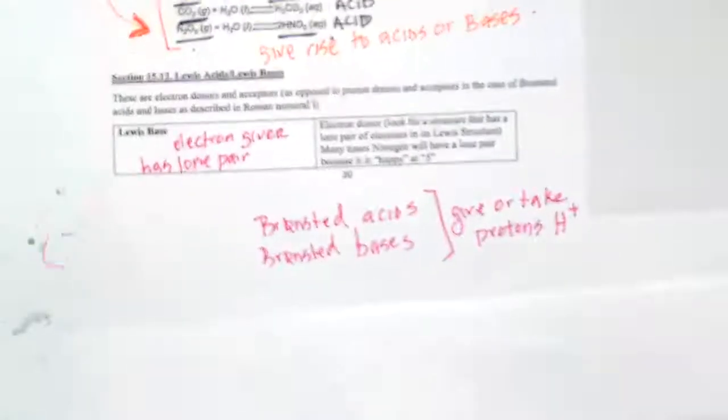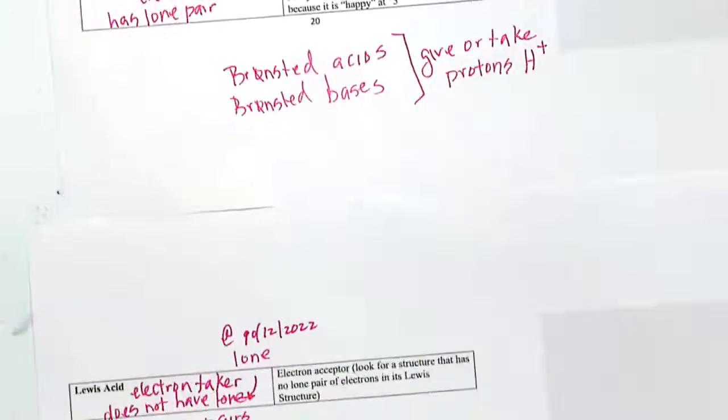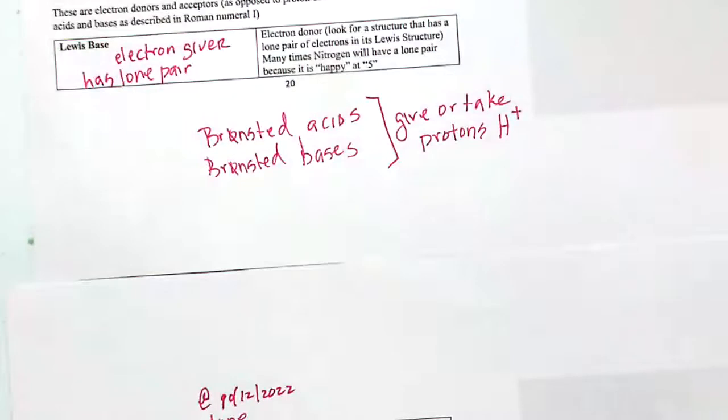This is for the organic chemistry people. Lewis acids and Lewis bases, not Brønsted acids and Brønsted bases, which is what I've been teaching you. We're talking about the transference of protons. So that's a wrap of chapter 15.